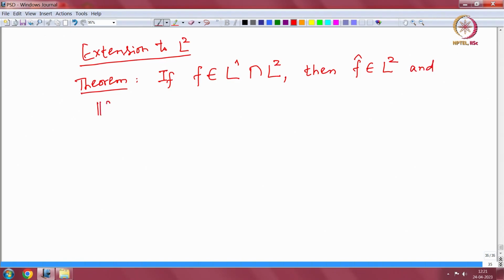And not only that, the norm of f in L2 is the same as the norm of f cap in L2. For this equality to occur, the choice of that constant 2 pi to the minus n by 2 is important in the definition, otherwise that constant pops up here.